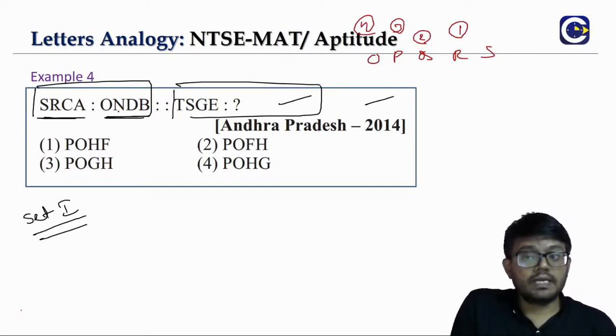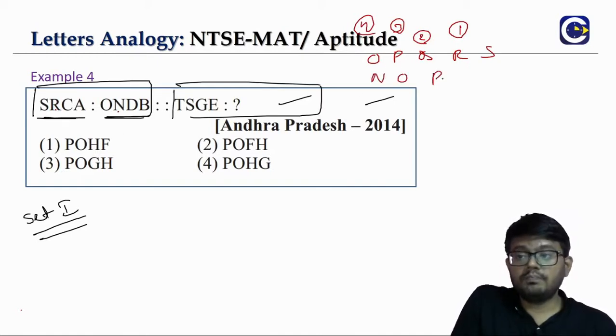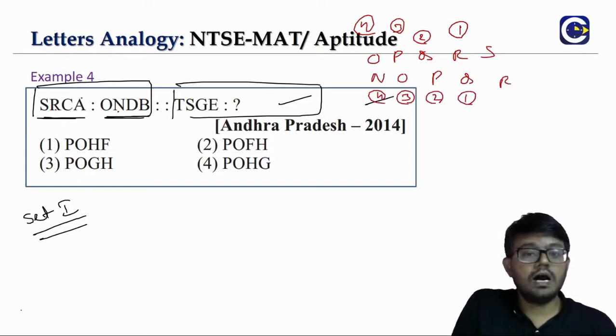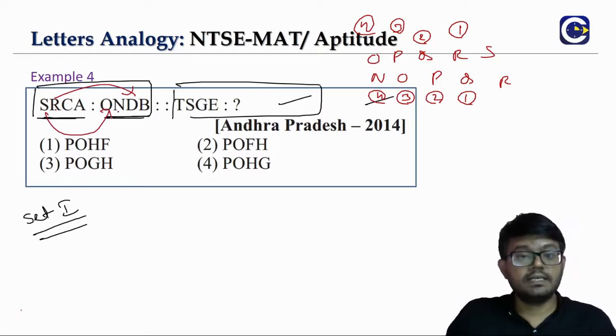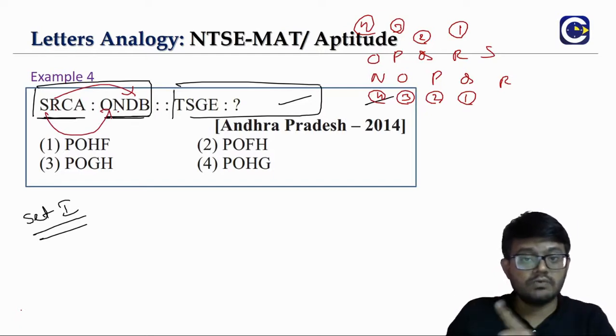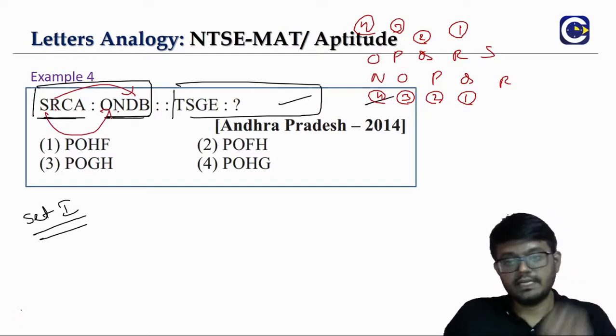R is related to what? N. N, O, P, Q, R. Here also you see 1, backwards 2, 3. So R is related to what? N. S is related to what? O. What is the relation? We have to count in the backward direction, fourth letter.